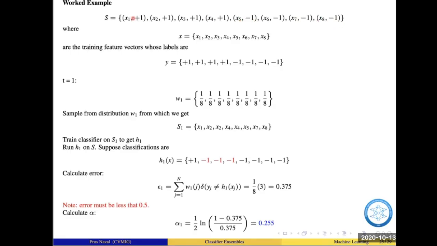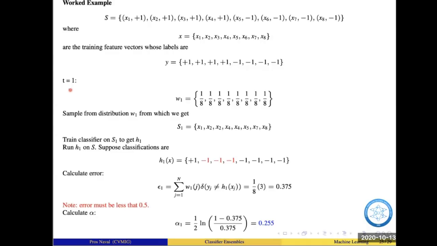The first 4 points, x1 up to x4, have labels 1, while the 5th to the 8th examples have labels -1. So x1 up to x8 are the training feature vectors whose labels are 1, 1, 1, 1, -1, -1, -1, -1.